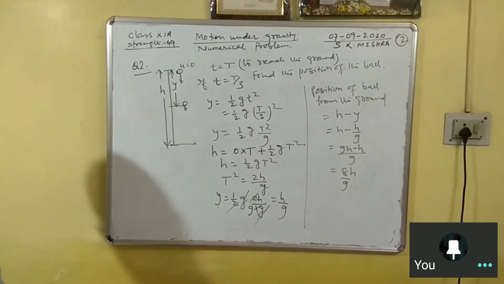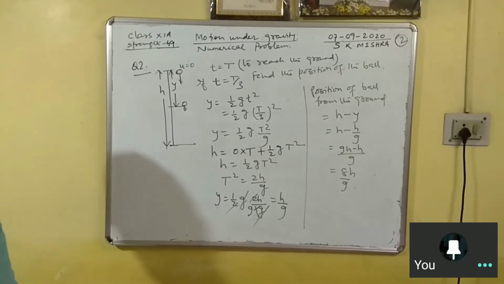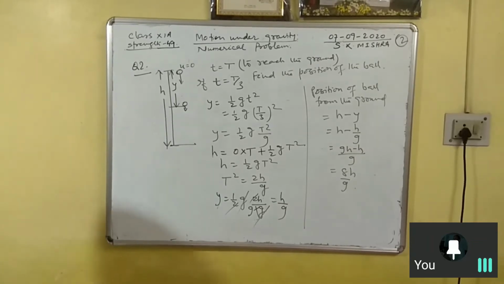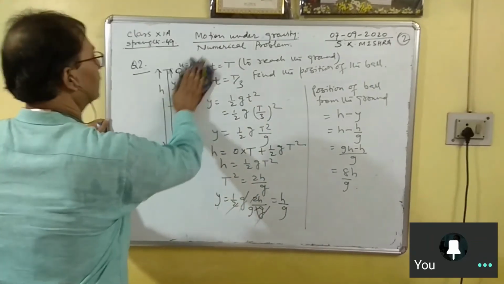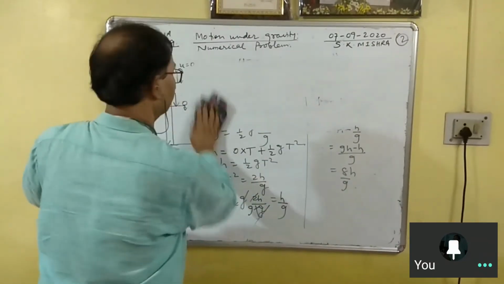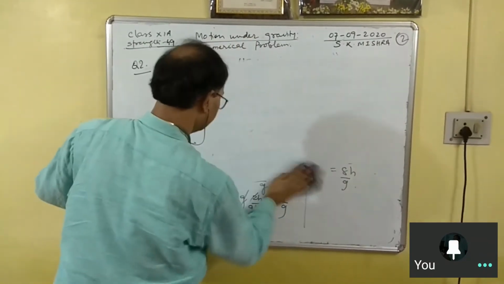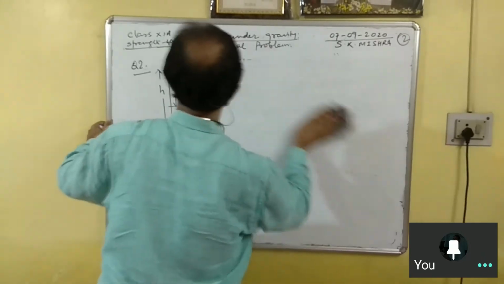Okay, now we are doing: a ball is dropped from the roof of a tower of height h.